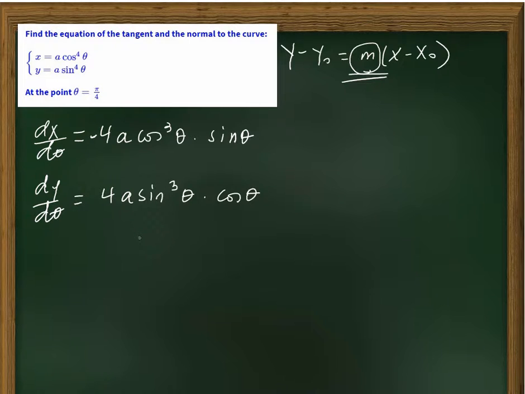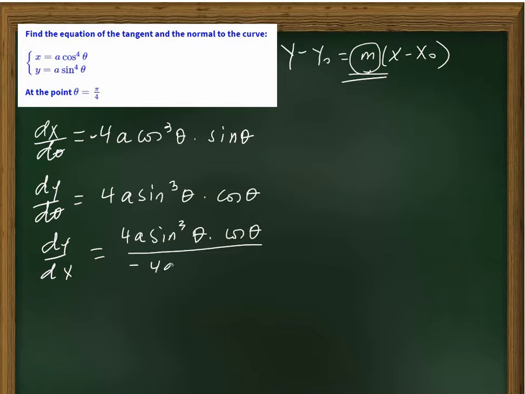Now if we put dy over dx, what we find here is dy over dx is equal to 4 sine cubed theta times cosine theta over negative 4 cosine cubed theta times sine theta.